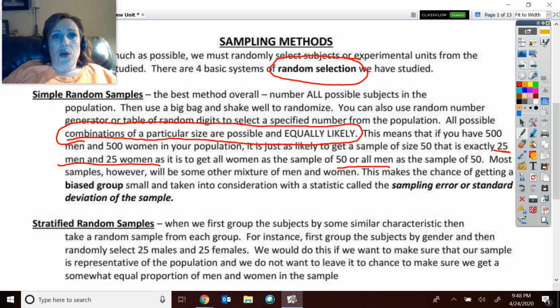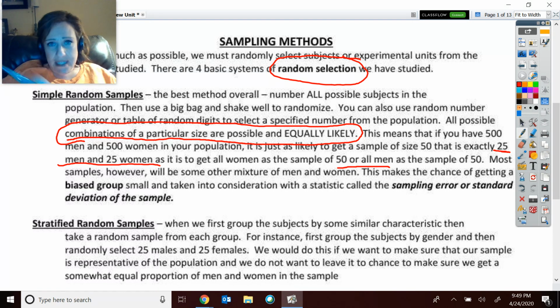Each one of those samples is equally likely in the grand scheme of things.